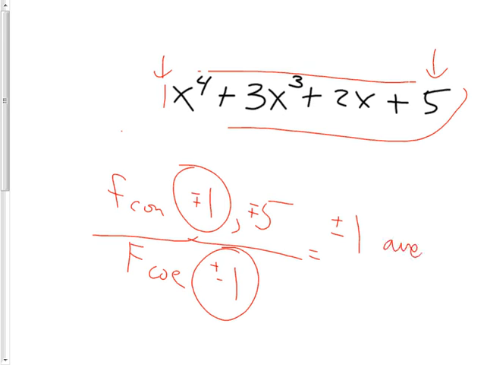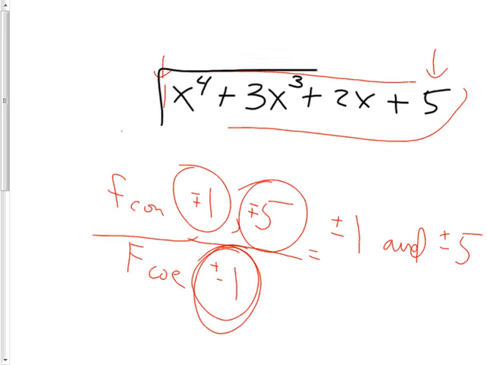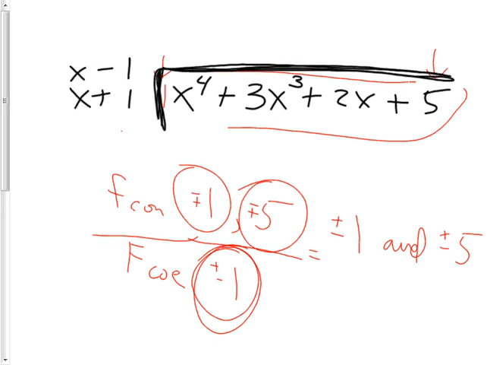And another thing that could be it is what? Plus and minus 5, because you take the 5 divided by the 1. And you get plus and minus 5. So all the things that you could put out here, if this was going to be a great big long division problem, would be x plus 1, x minus 1, x plus 5, or x minus 5.